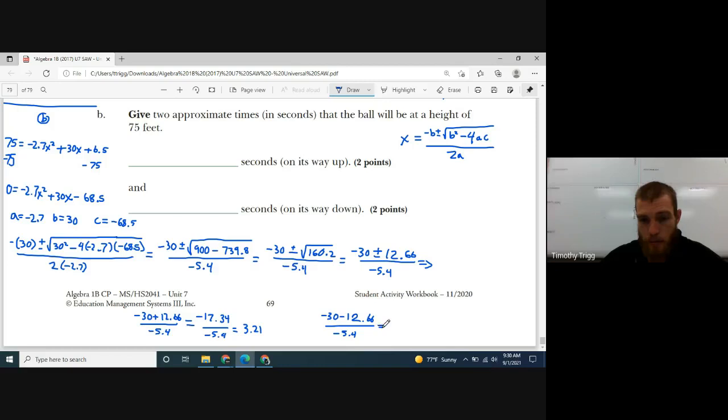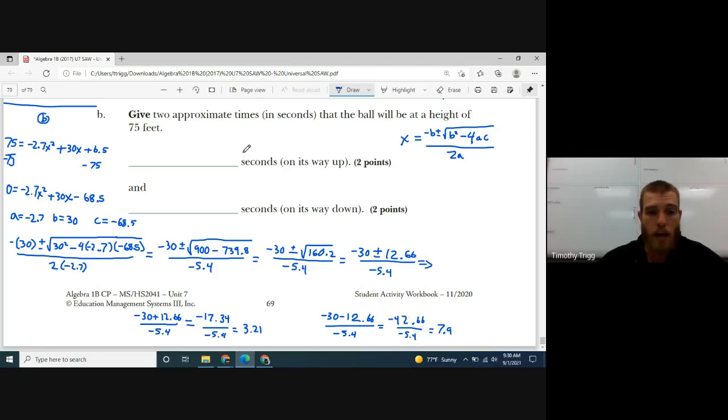And then the second one, so this negative 30 minus 12.66, that's negative 42.66. And then we're going to divide that by negative 5.4. Which gives us 7.9. And again, it should be positive because a negative divided by a negative gives you positive.